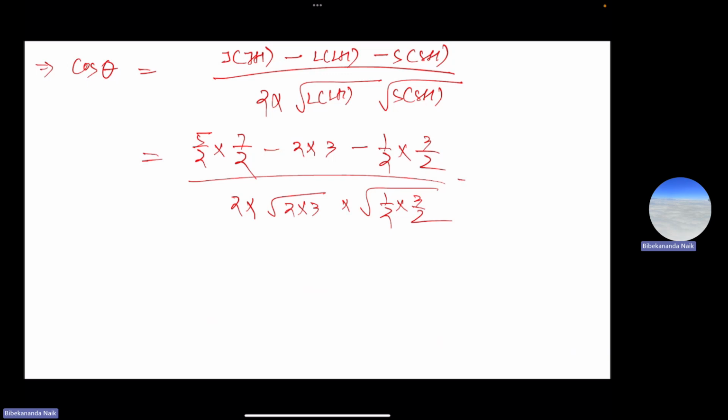If you calculate it, it will come out to be root over 2 by 9. So theta is cos inverse root over 2 by 9, which is 61.9 degree.